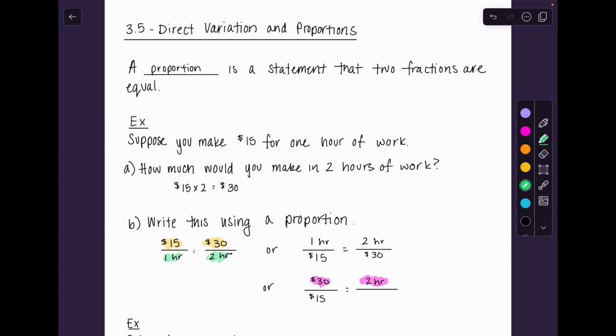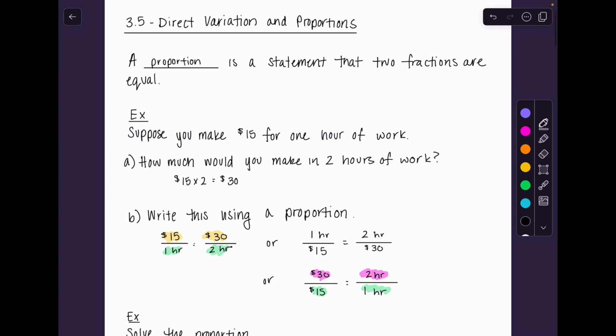And then the hours that pair with the $15 is 1. And so if you look, 30 divided by 15 is 2. 2 divided by 1 is also 2. So the units really don't matter here. You can set these up however you want as long as you're consistent in your pairings.